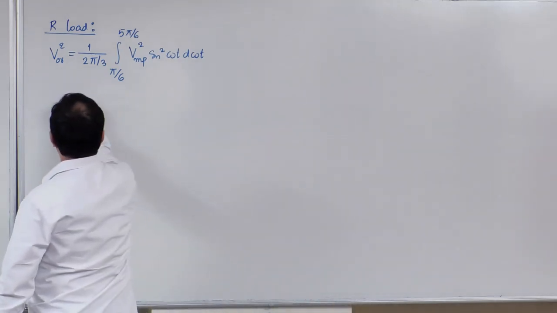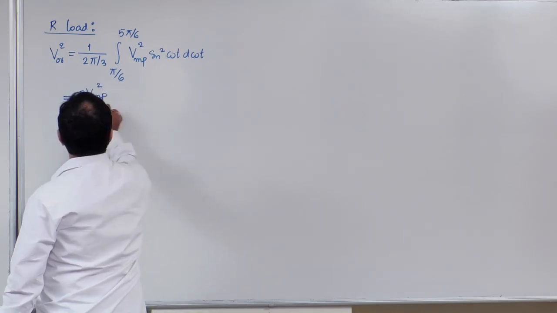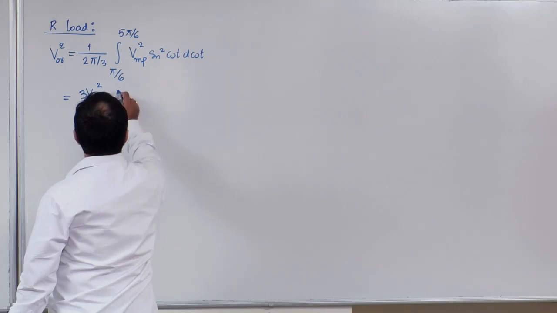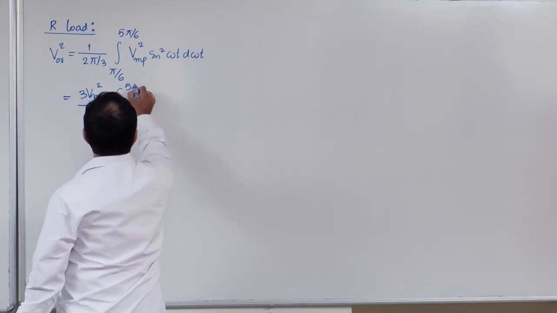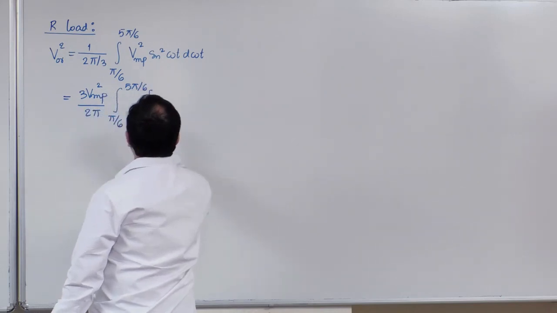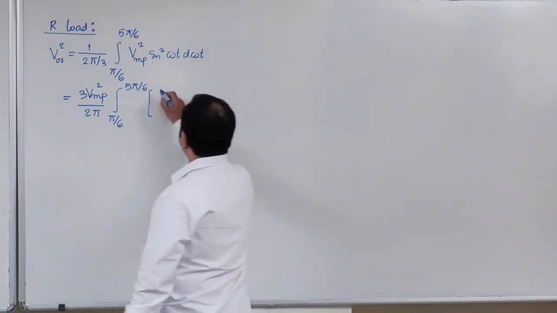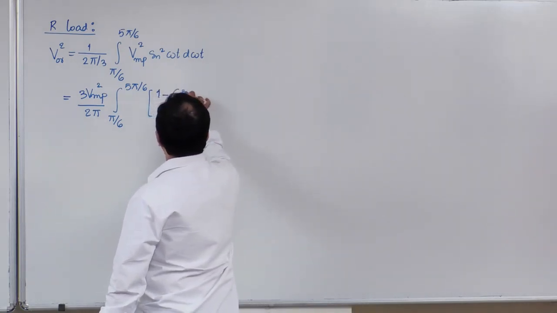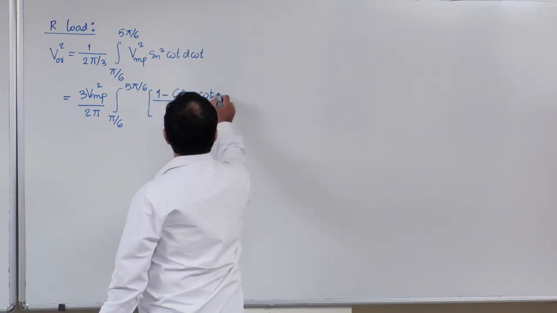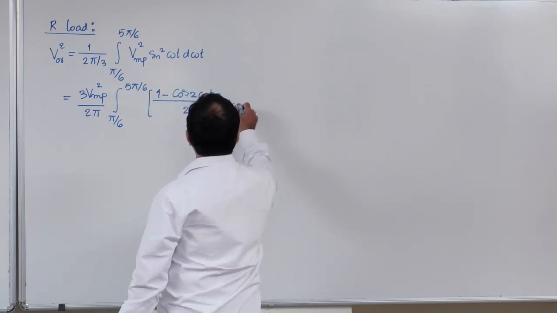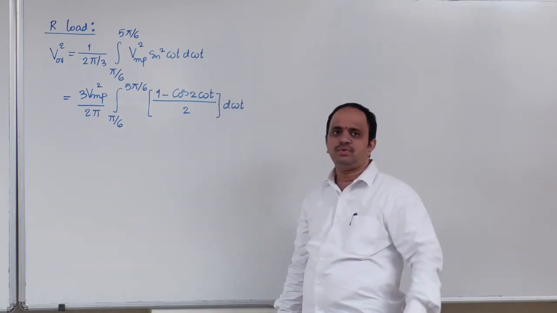Okay. Now 3 Vmp square divided by 2 pi integral pi by 6 to 5 pi by 6 sin square omega t can be written as 1 minus cos 2 omega t divided by 2. Integration is with respect to omega t.